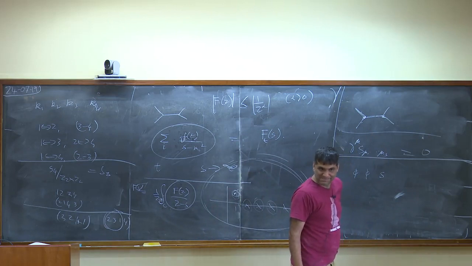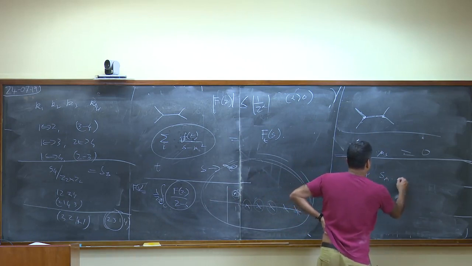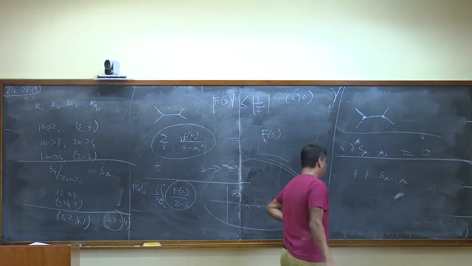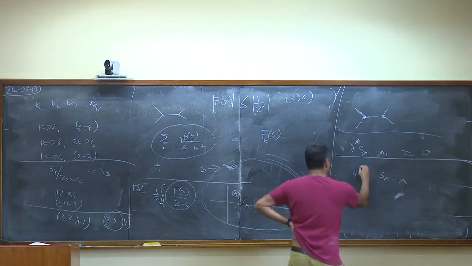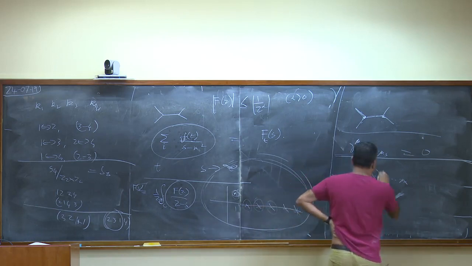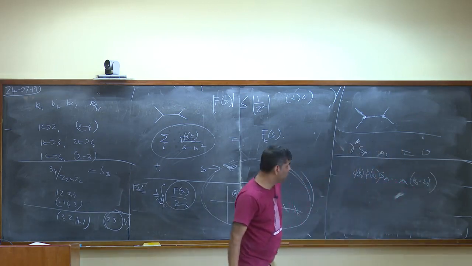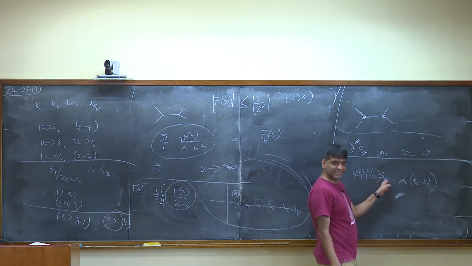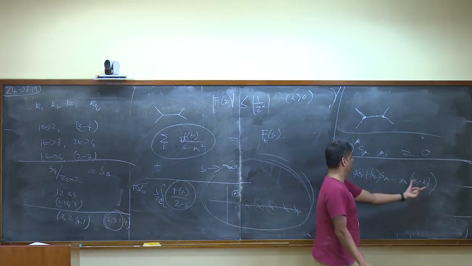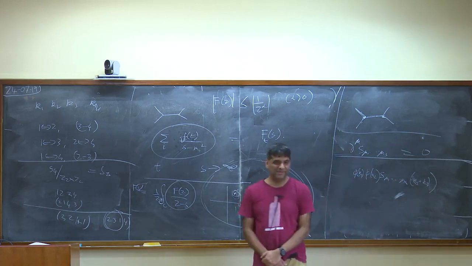Is this clear? Okay, now we've got mu1 to mu k. Let me do this in momentum space. This is k1, this is k2, and this is minus of k1 plus k2. Notice that each of these indices dotted with k1 plus k2 is 0 because of this equation.